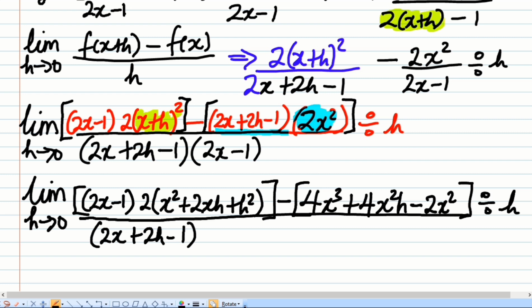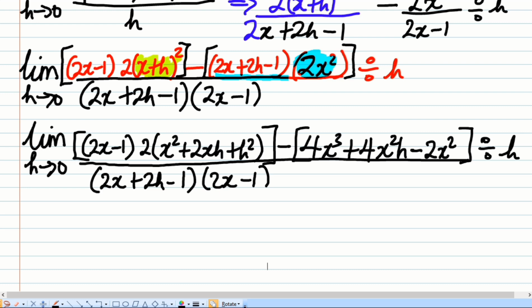Okay, just be patient enough and follow the process. Okay, so we now have, I have to write this again, the limit as h approaches 0. Now you can see I can now expand. I think this left side requires much expansion, so I'm going to now expand this bracket. I'm going to use this 2 and multiply every term in this bracket.